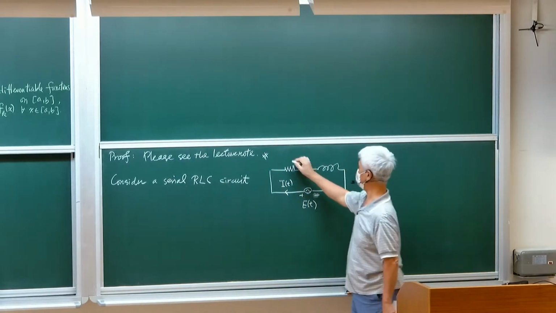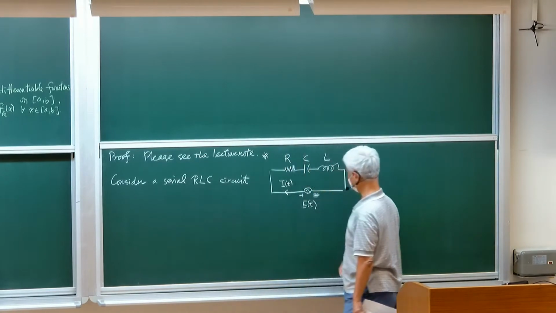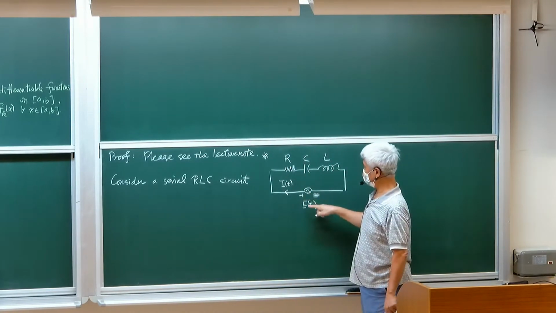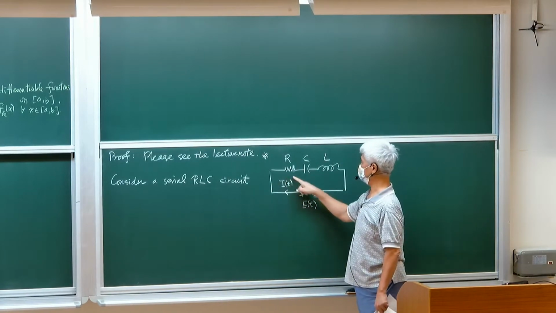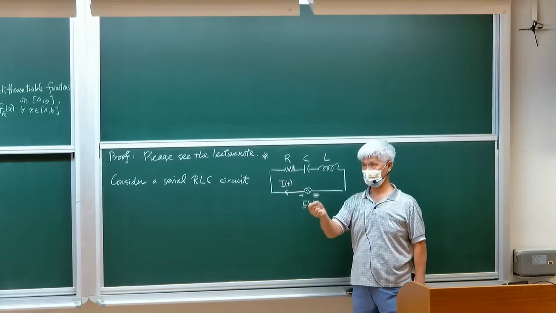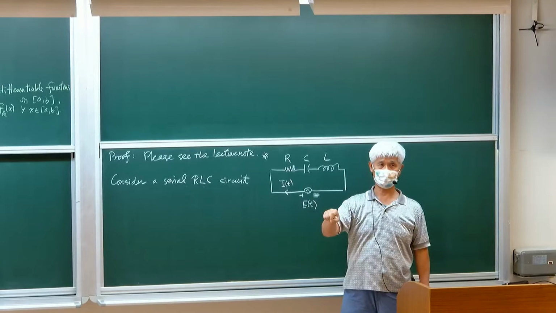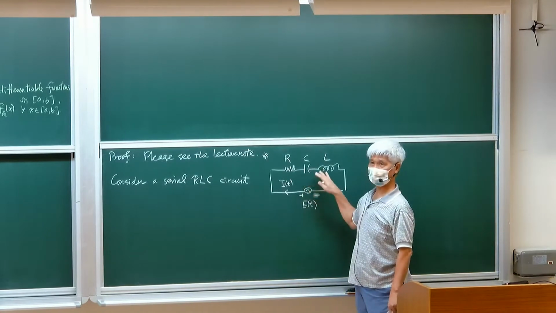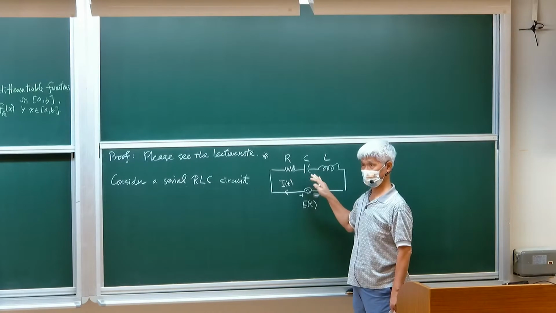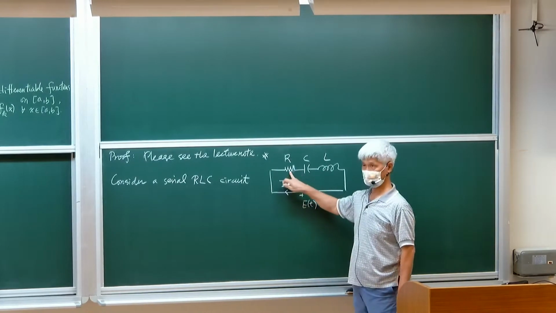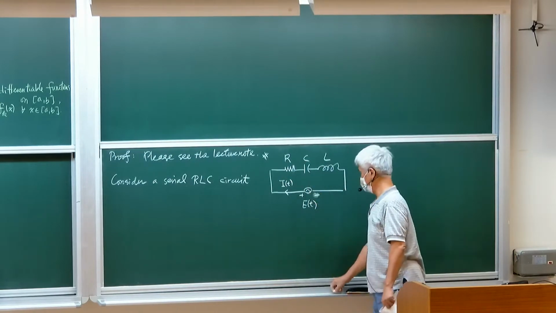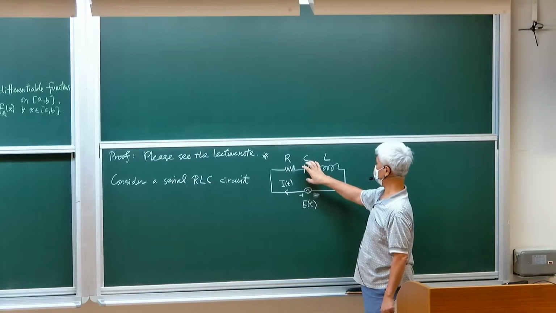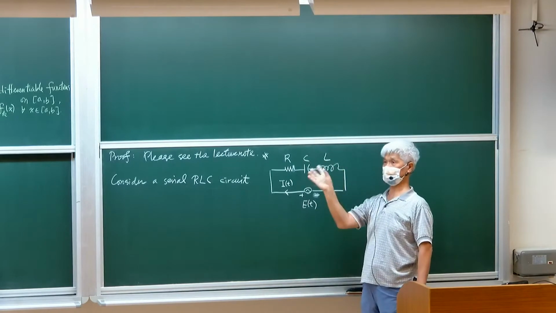So you have an RLC circuit, all right? And you apply a voltage signal here, okay? And the voltage signal is given. So it's a driving force to this oscillator. So this is an oscillator, but damped. Why? Because you have resistance here. Without resistance, you have an oscillator, so the energy will be pumped from C to L to C, etc. So it's oscillation.